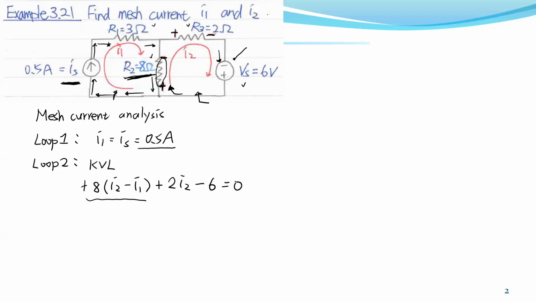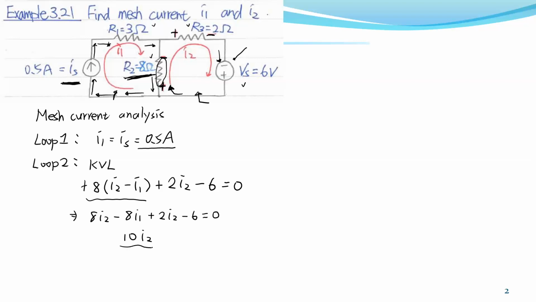Okay, so the second equation becomes 8I2 minus 8I1 plus 2I2 minus 6 equals 0. And it is 10I2, because I1 is 0.5.